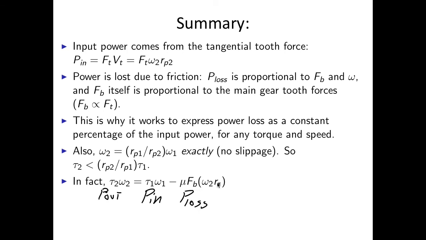And if you actually knew all those things, you knew the diameter of the shaft and the coefficient of friction and so on, you could calculate this. But what people are more likely to do is to say for a transmission, we've measured that there's something like 5% of P in, and then if I increase the torque or increase the speed, that percentage remains constant.